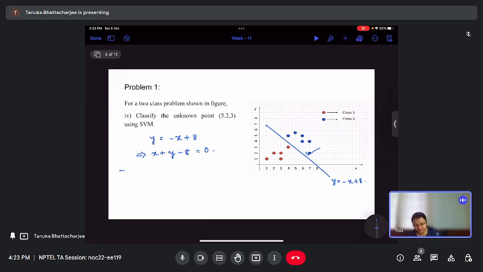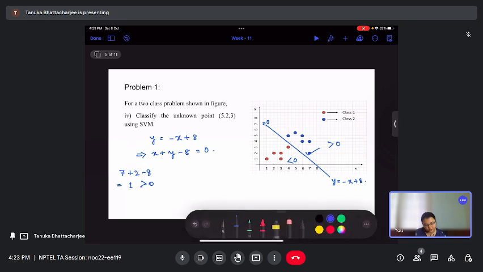If we put, then we will get 7 plus 2 minus 8, that is equal to 1, which is greater than 0. So, this side is greater than 0, means this side is less than 0, and on the straight line it will be equal to 0. This is the value of x plus y minus 8. So, let me write it more clearly.